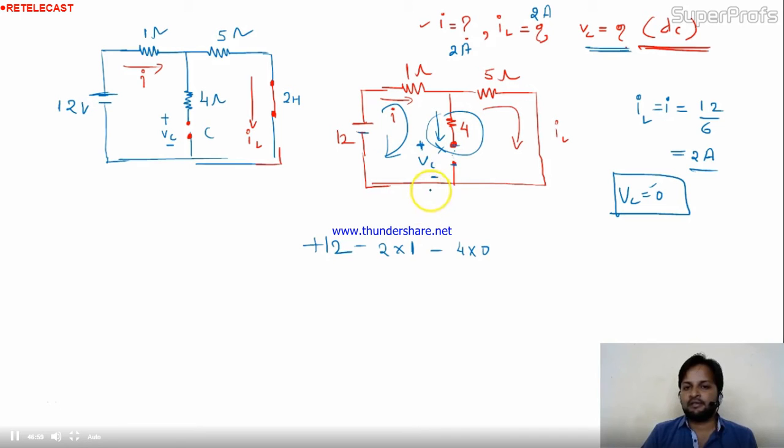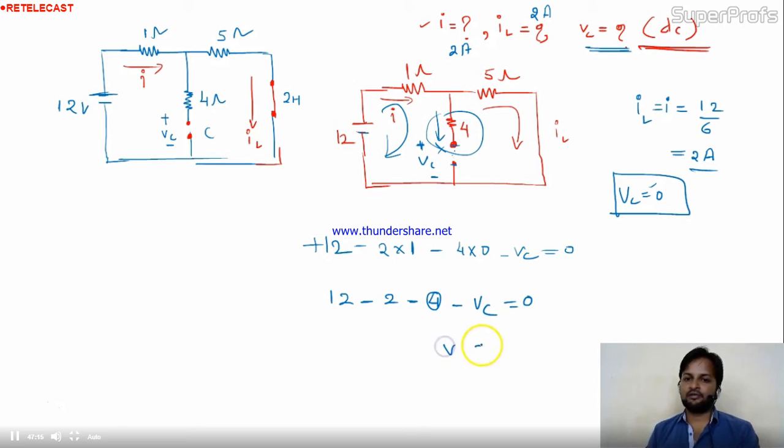Here I am getting plus minus, so minus VC. I am coming again and reaching 12, equal to 0. So 12 minus 2 minus 0 minus VC equal to 0. So VC is nothing but 10 volt. Is it okay? The answer for VC is 10 volt. Is it fine to you? Now, the next one, they are asking for the energy also.